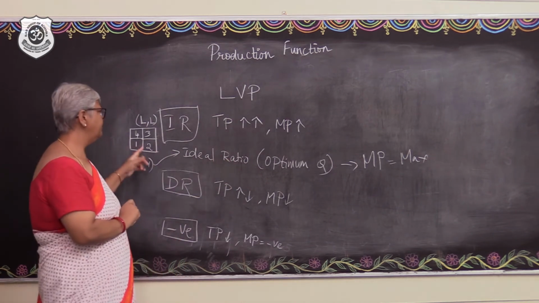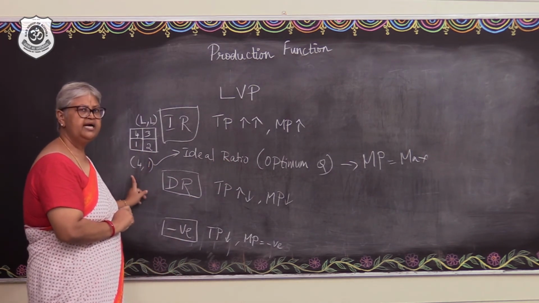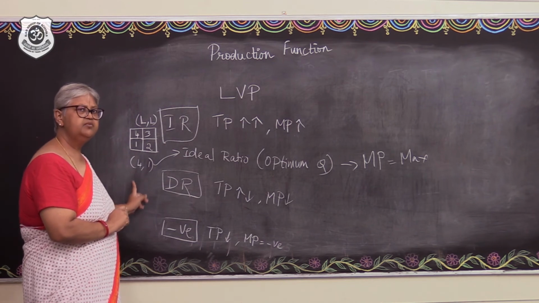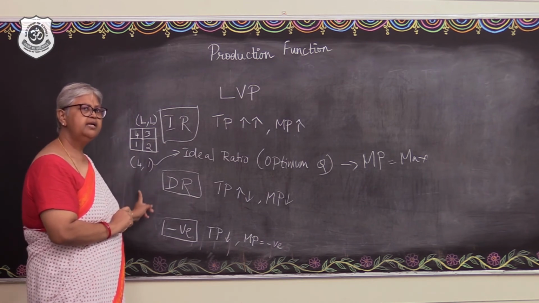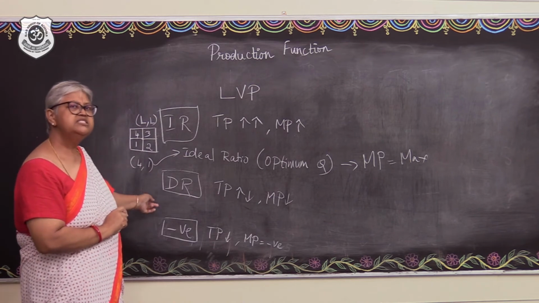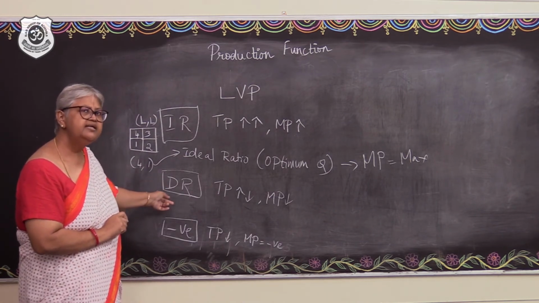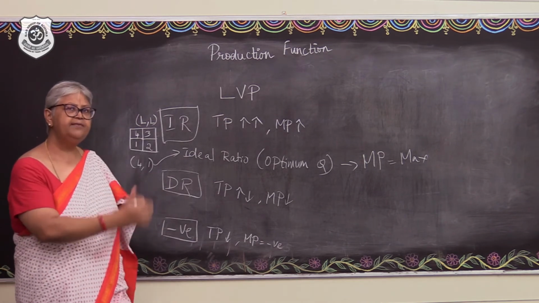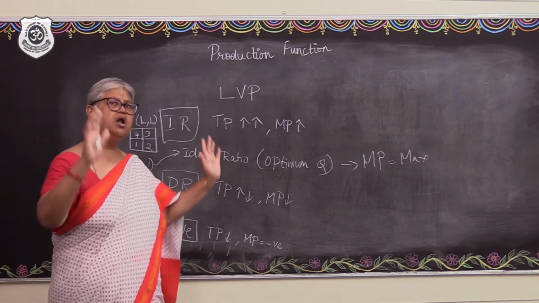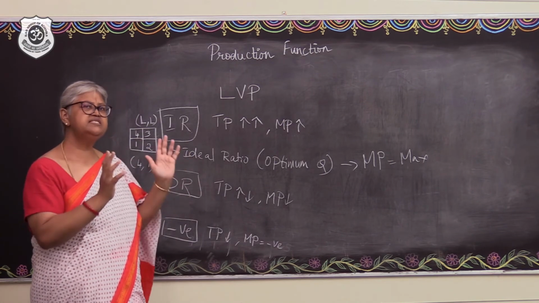One factor input was fixed. The other factor input, namely labor, was increased. So what was happening? Increased labor was substituted in the place of the other factor which did not increase. So this substitution kept happening, and this substitution was all right. It was an efficient substitution.